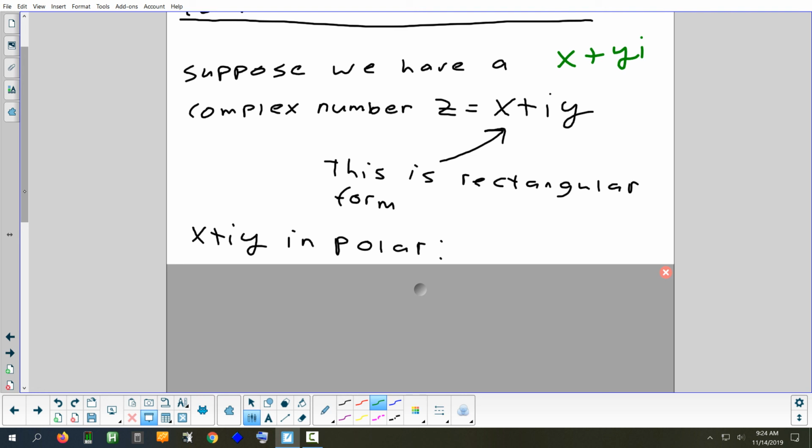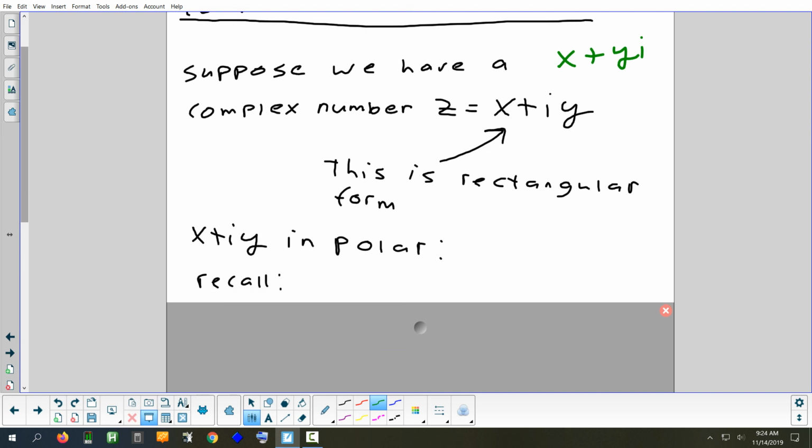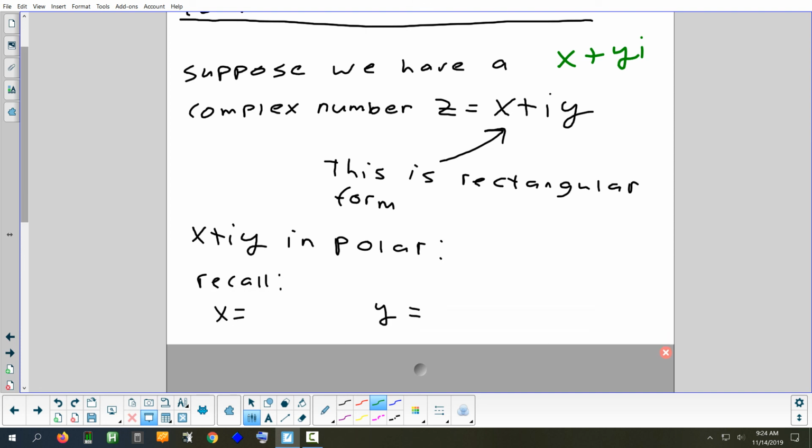And those are the same two things we have to find here. We're just going to find a radius and an angle of a complex number. That's all. So we have to get rid of the x and the y. If you're going to write something in polar, you're not allowed to have an x or a y. But from Monday or Tuesday, we already have a formula to get rid of the x and the y.